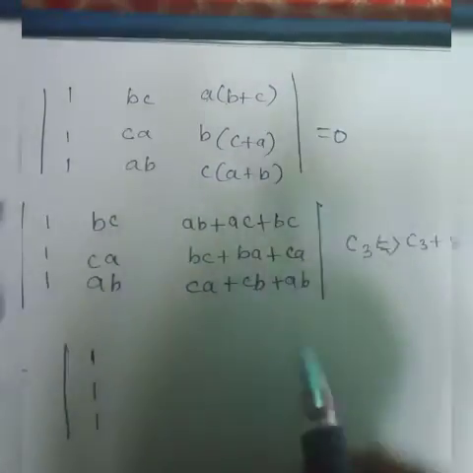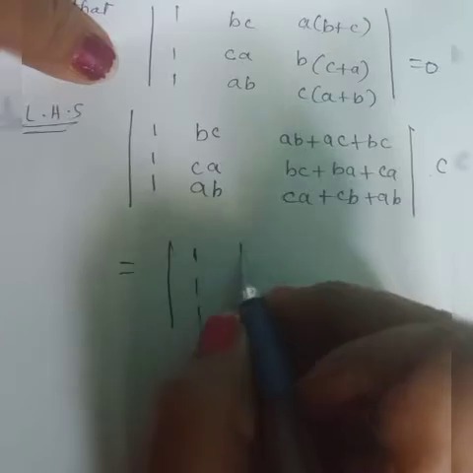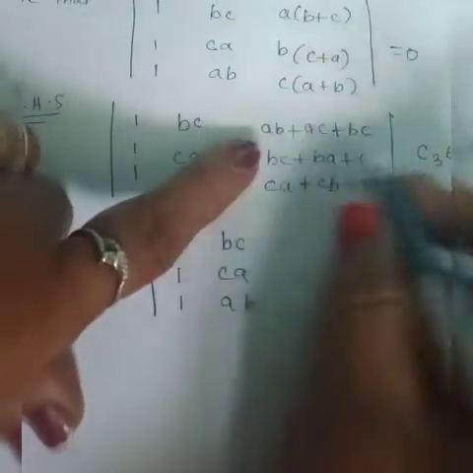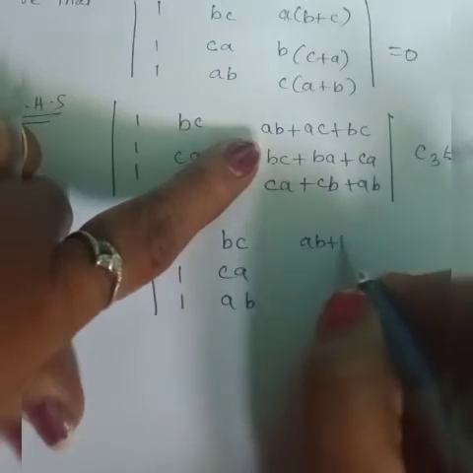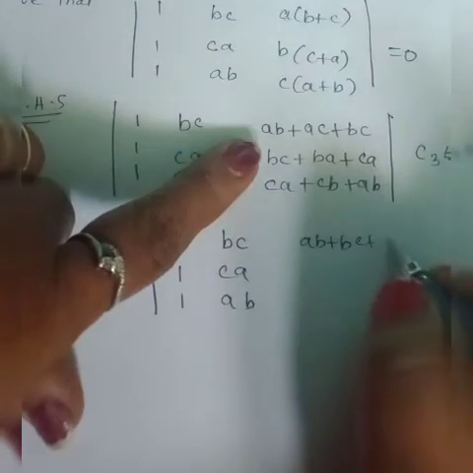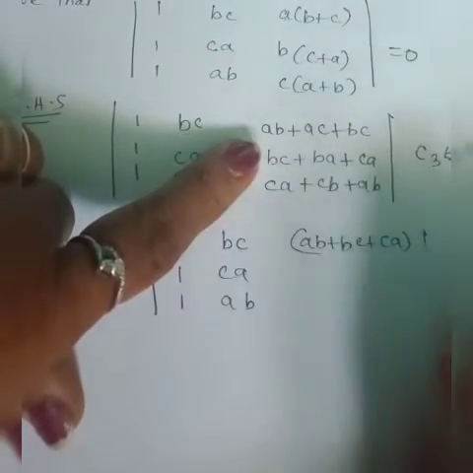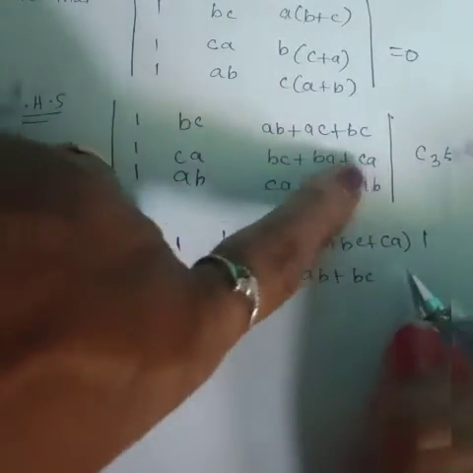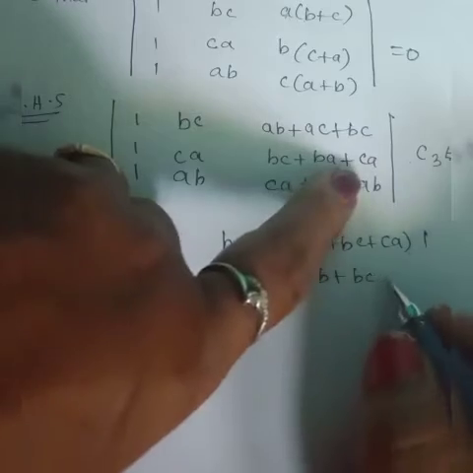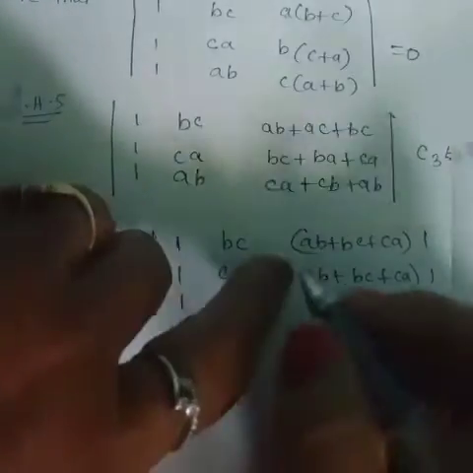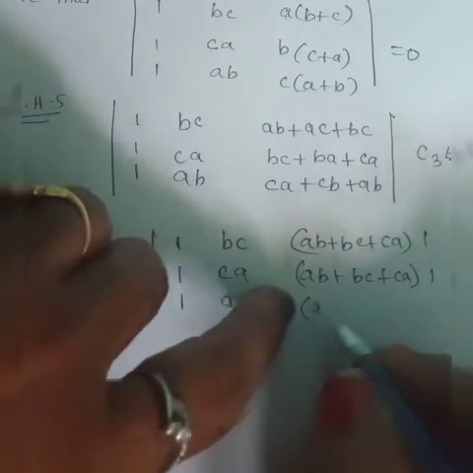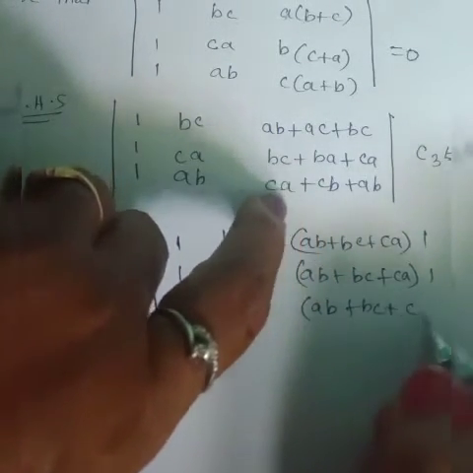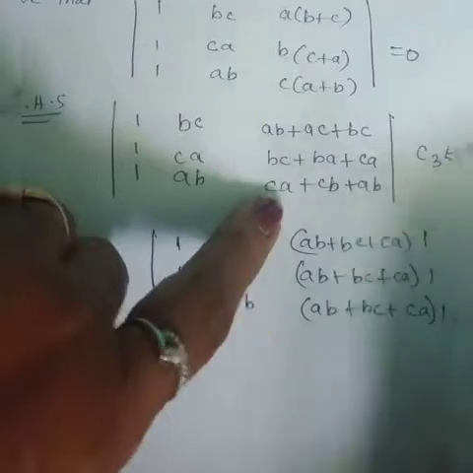Now at this stage, I can write this as BC, CA, AB. Now I can rewrite this as AB plus BC plus CA into 1. I am rewriting the terms: AB plus BC plus CA into 1.